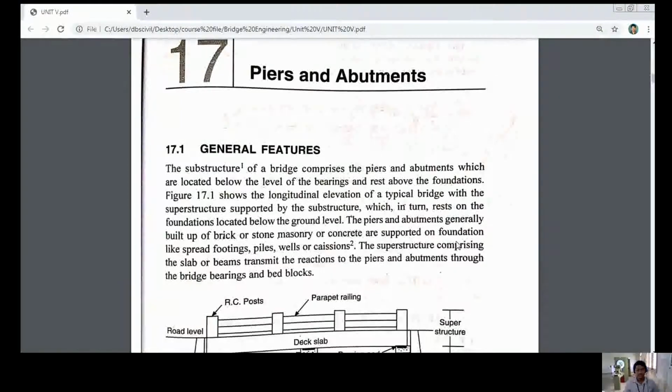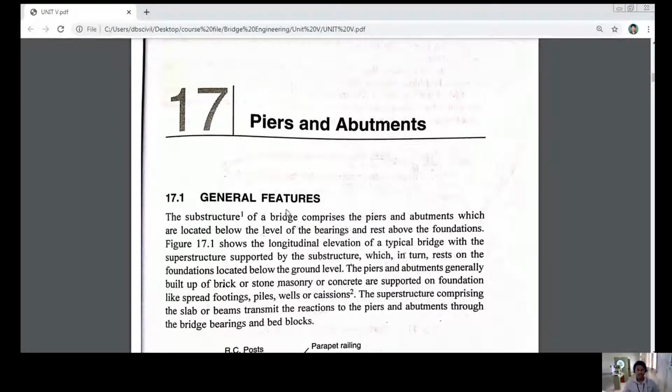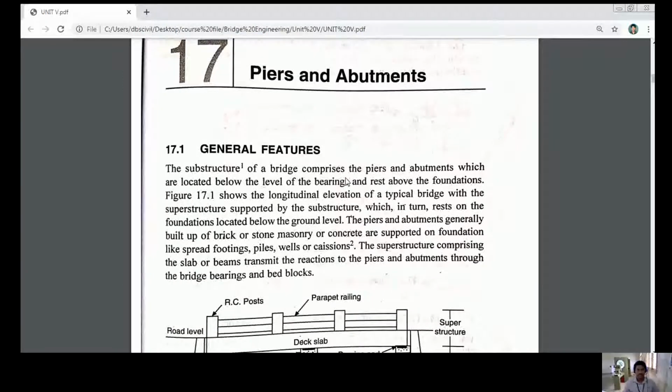Piers and abutments. What are piers and abutments? Let me explain briefly what is meant by piers and abutments. In normal construction of residential or commercial buildings, we see a building consisting of foundation, plinth beam, column, beam, lintel beam, slab, parapet wall, etc., and other small extra material features.